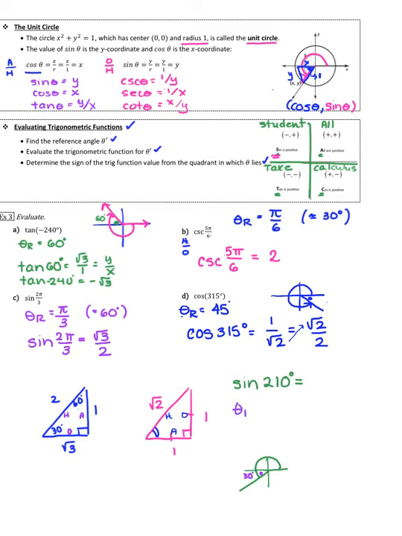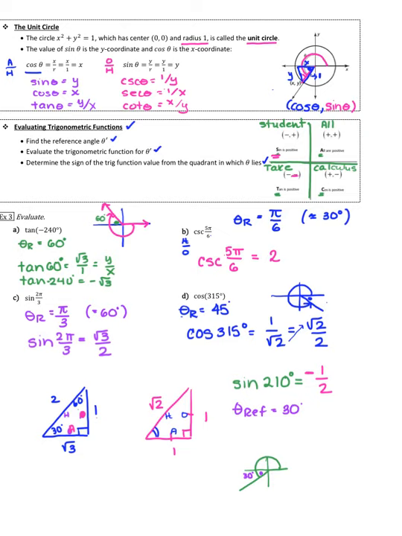So that means theta reference was 30 degrees. And so if I look at my 30 degree triangle, this is now the opposite, this will be the adjacent. So the sine of 30 is opposite over hypotenuse, 1/2. But in the third quadrant, since sine, remember, goes with the y value, that's negative. Your y value is negative in that third quadrant, so now we put a negative on here.